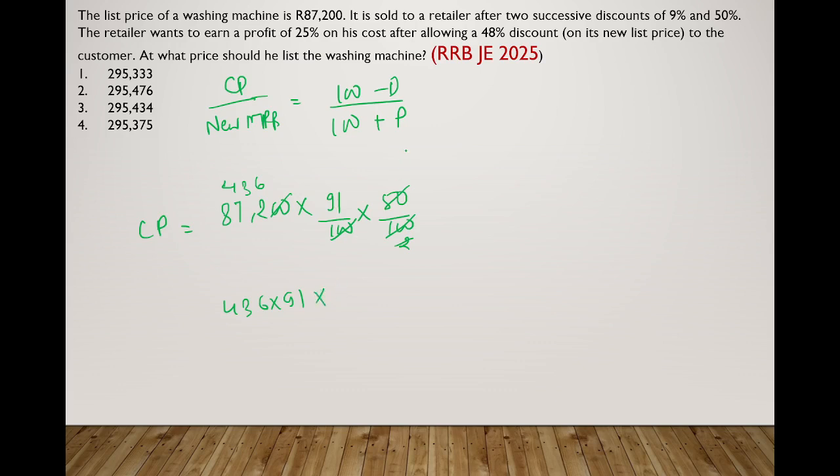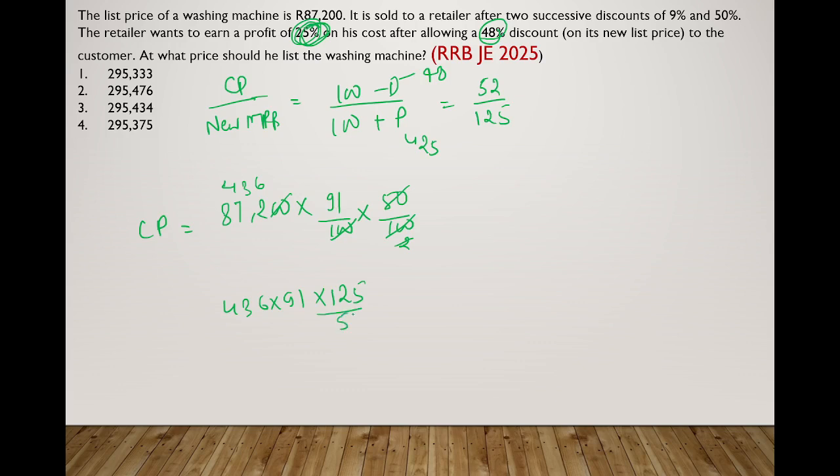Profit is 25 and discount is 48%, and profit is 25%. So this would be 52 divided by 125, and we need the value of the new MRP.